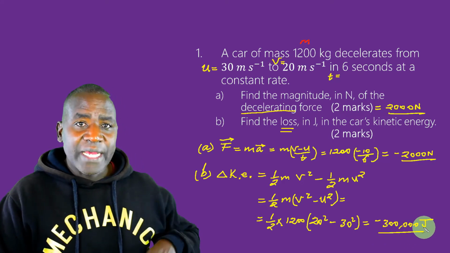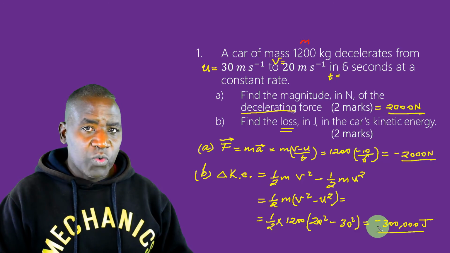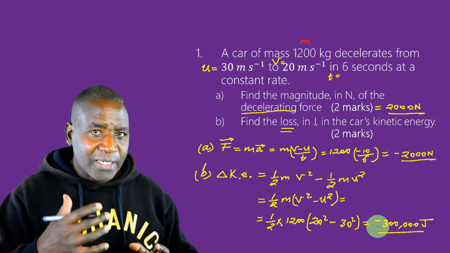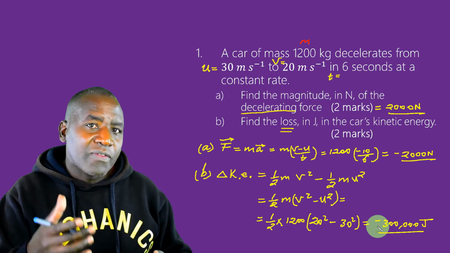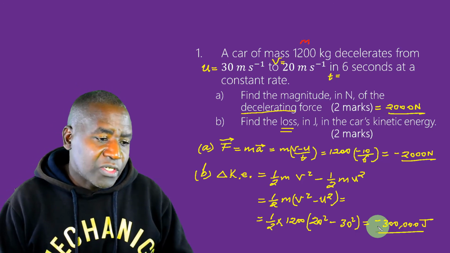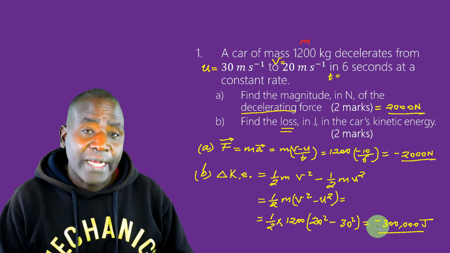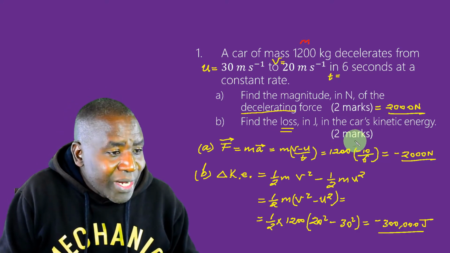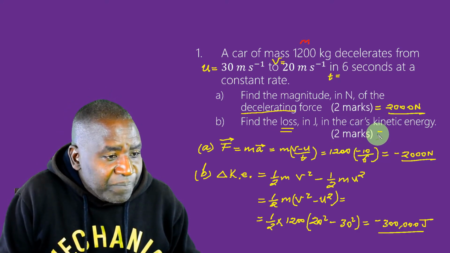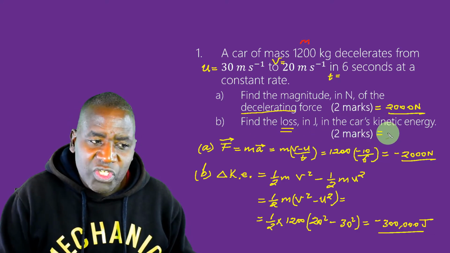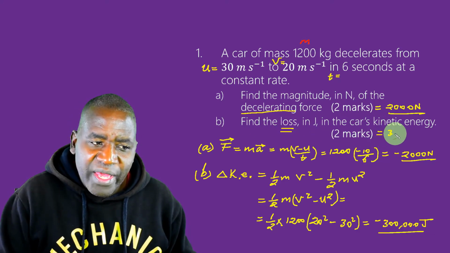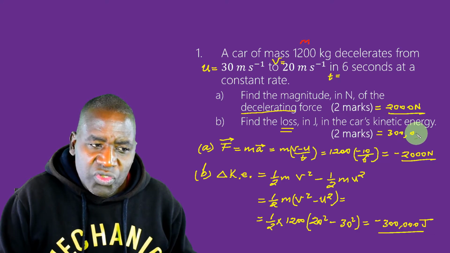So the negative sign shows that what I was calling a gain is actually a loss, is actually a decrease in that physical quantity, a decrease in the kinetic energy. So in order to answer this question, because I've been asked to calculate the loss in kinetic energy, I will just say it is 300,000 joules.